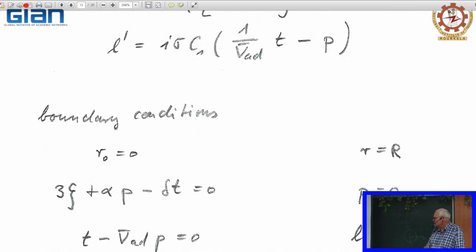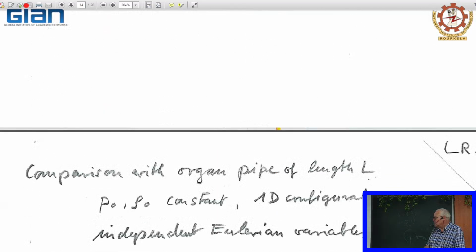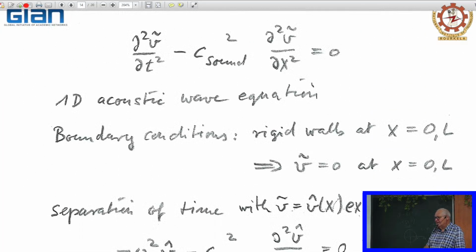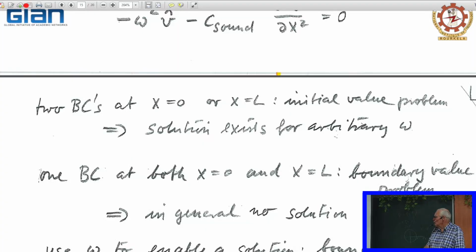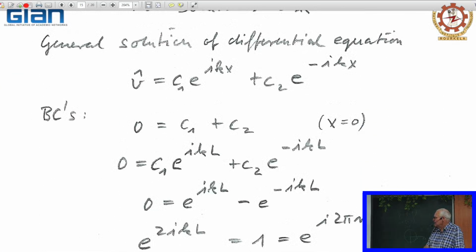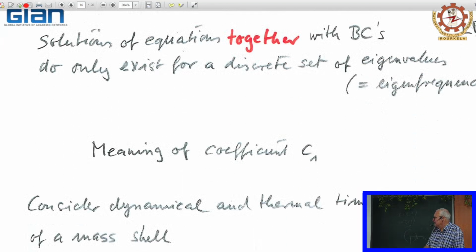So far we have considered the dynamical timescale and the thermal timescale of a star in a global sense. That means we have taken the entire star to define either the dynamical timescale or the thermal timescale.